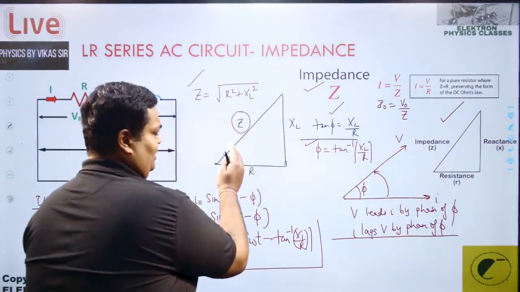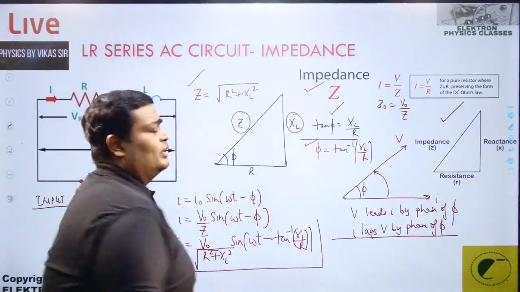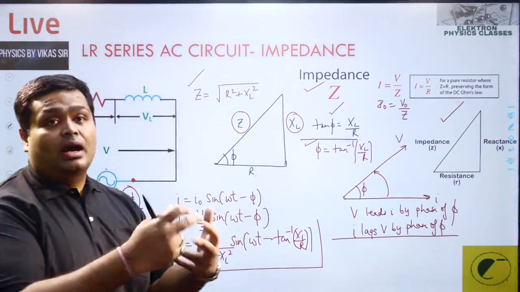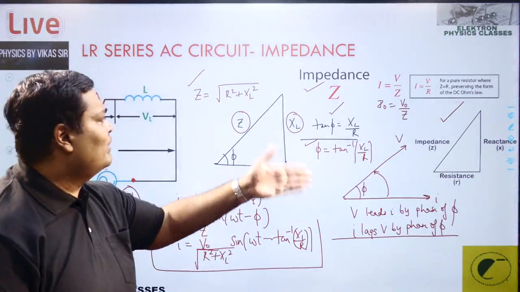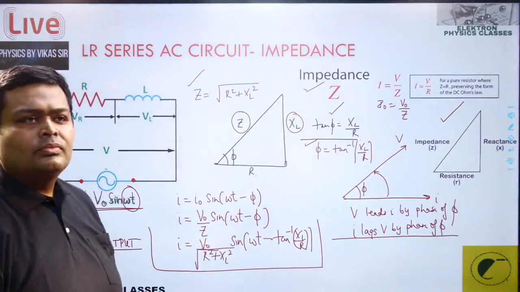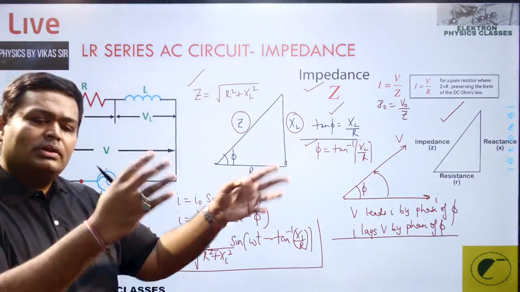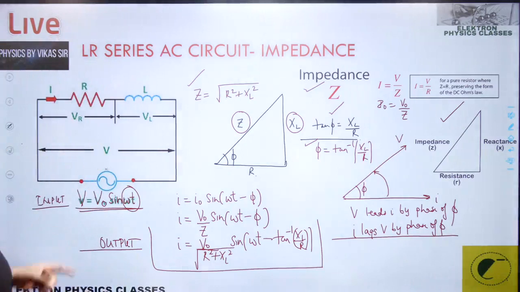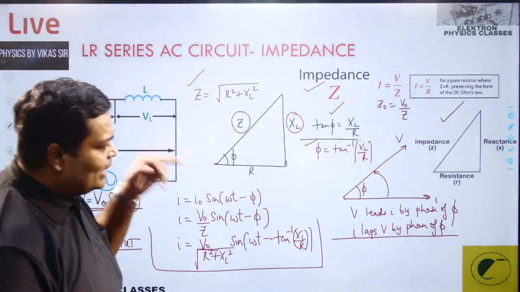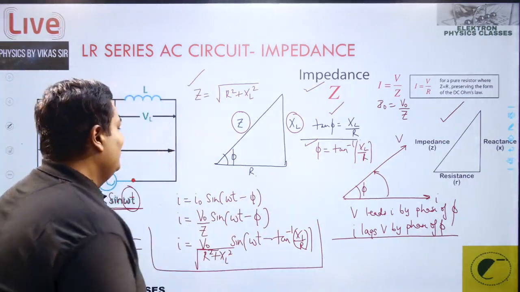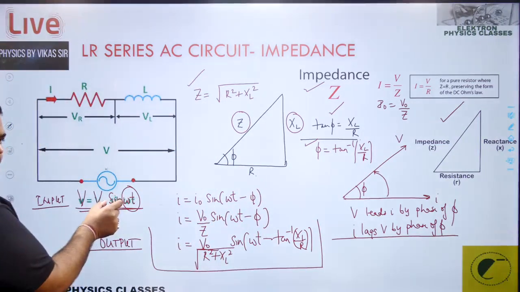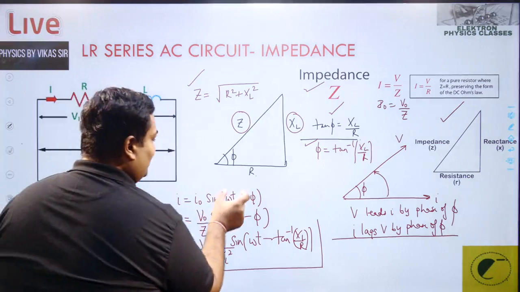In this circuit, the X is XL. If it be capacitive, that means RC circuit, then instead of XL you will get XC. Conditions will change. We will look at it when you will be doing that. Right now we have checked in the LR circuit the current lags the voltage by phase of phi, hence it is sine of omega t minus phi. Had it been a cos function, this will be cos of omega t minus phi.